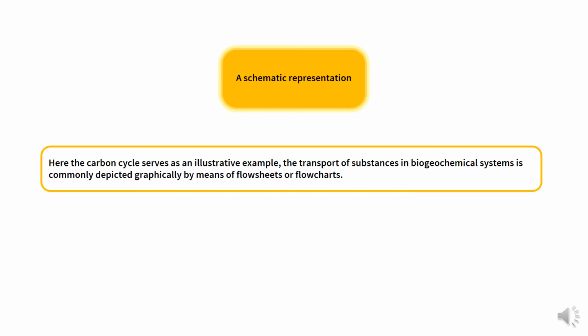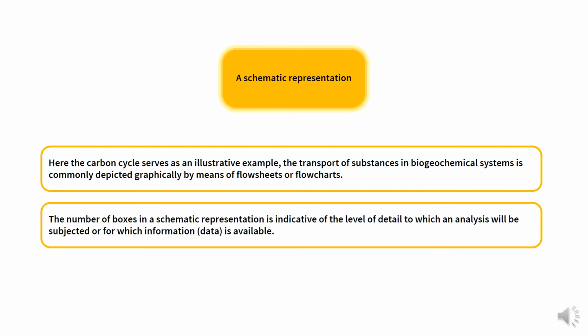A schematic representation. The transport of substances in biogeochemical systems is commonly depicted graphically by means of flow sheets or flowcharts, and the number of boxes in a schematic representation is indicative of the level of detail to which an analysis will be subjected or for which information is available.